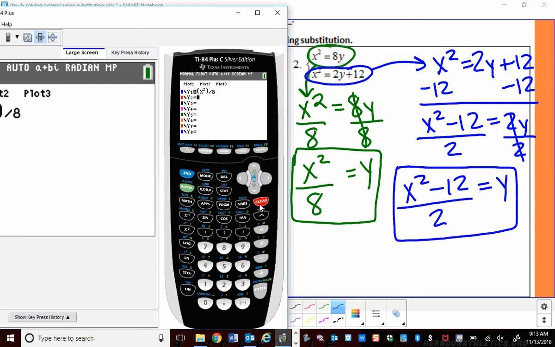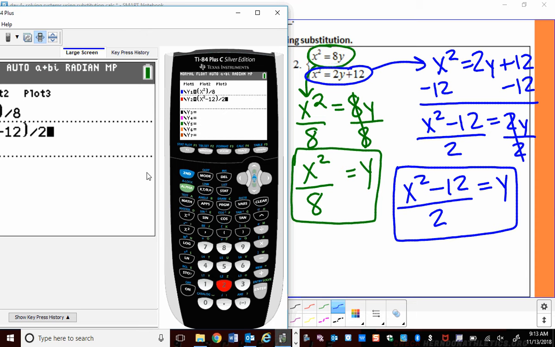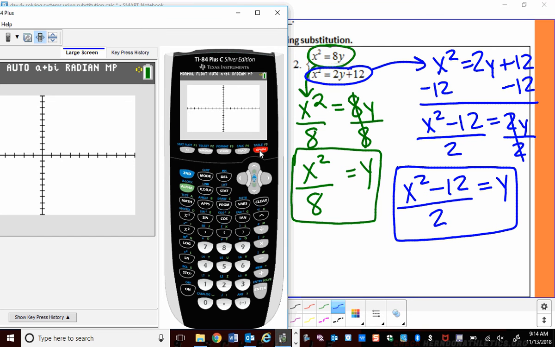My next one is going to be parentheses x squared minus 12, divided by 2. If you don't put the parentheses, the first one really doesn't matter, but the second one does because your calculator is only going to divide this last number, not the whole thing. So anytime that there's a fraction, I always put in parentheses. And then we graph it.